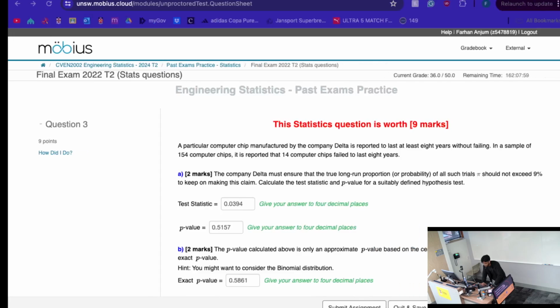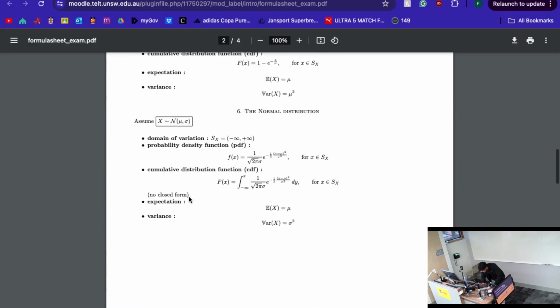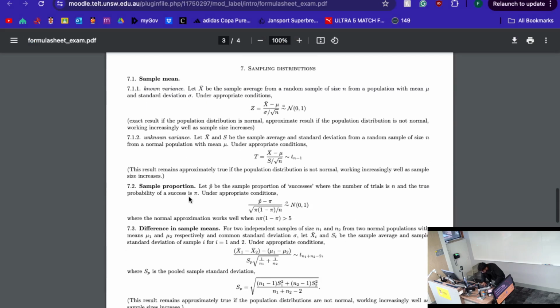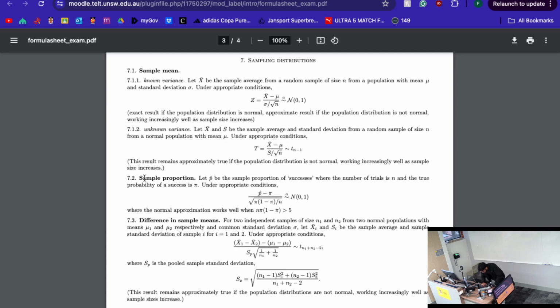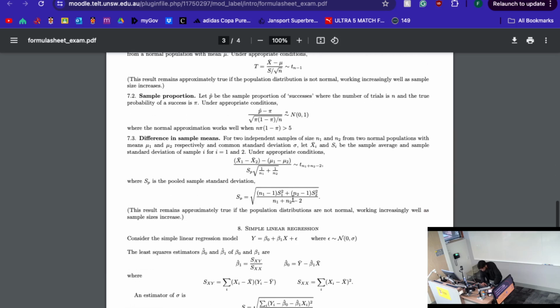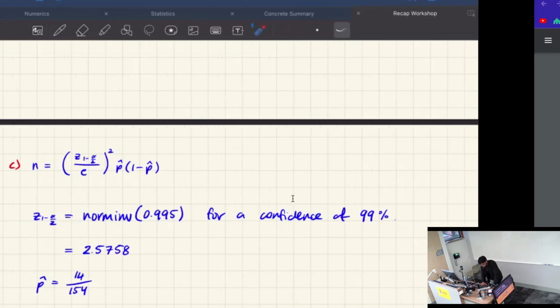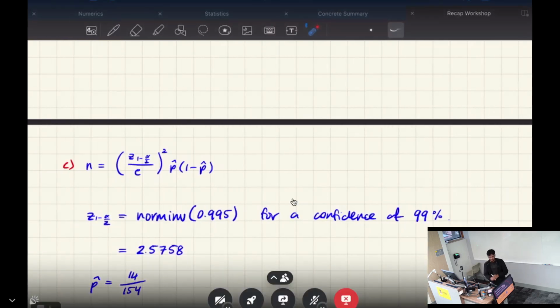I don't know if they've given it to us in the formula sheet. Sample proportion. You guys can see over here, this follows the t distribution, normal distribution, and normal distribution. They have not given us the formula. That's alright. You're just gonna have to memorize it.